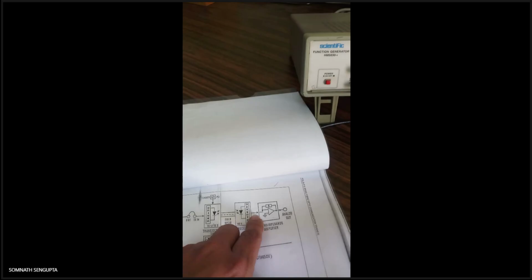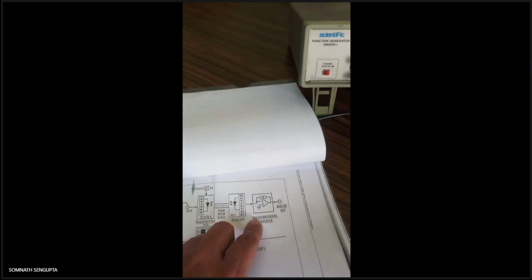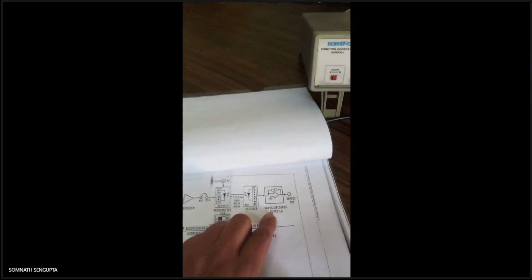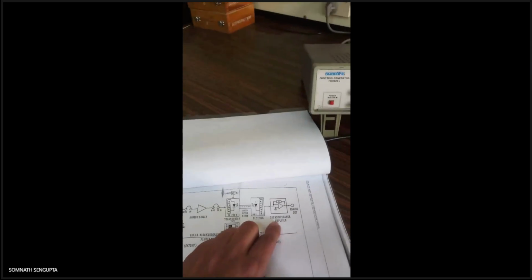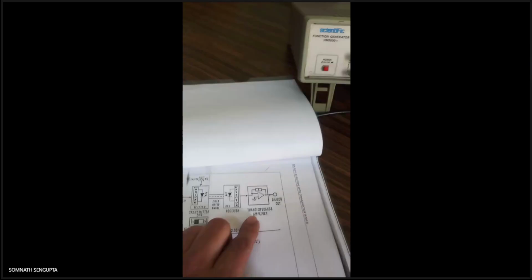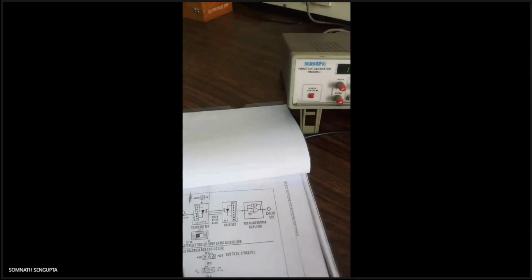We use a transimpedance amplifier because we need to convert the current into voltage.